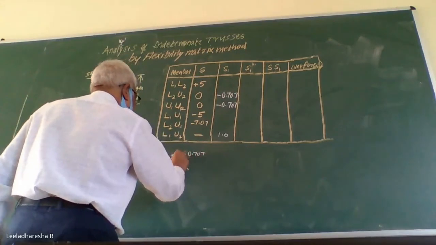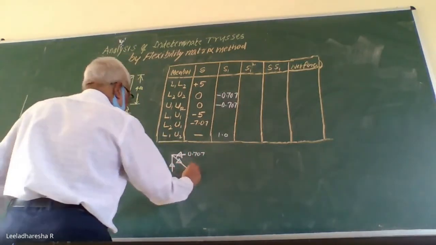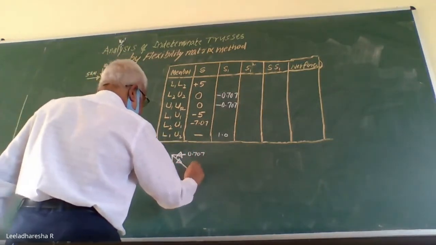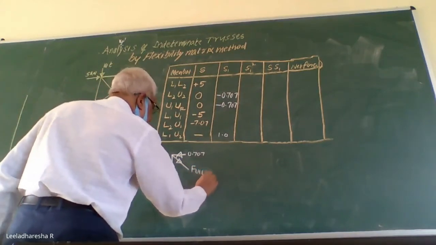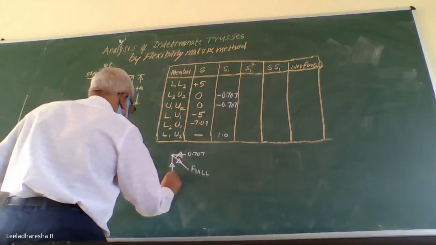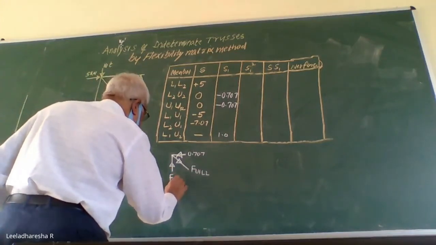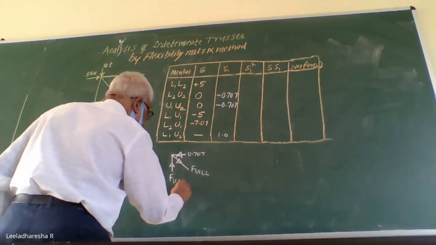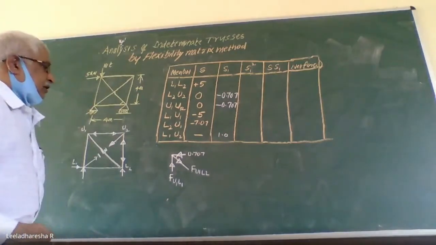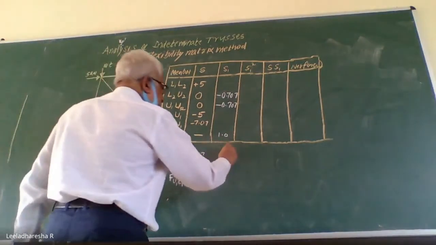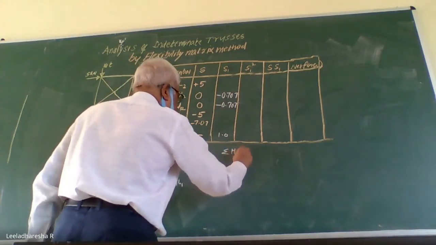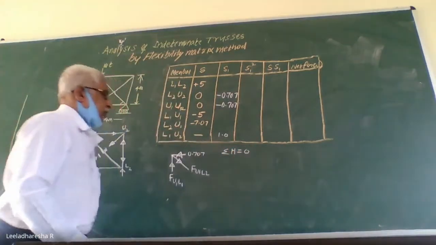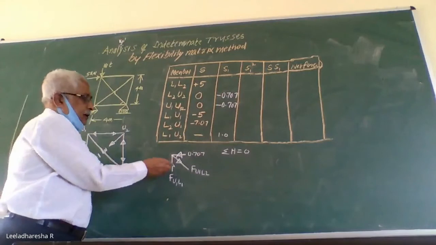This angle is 45 degree. Call force in this member as F U1 L2 and force in this member as F U1 L1. Now apply the conditions of equilibrium. Sigma H equal to 0. So resolve all the forces.